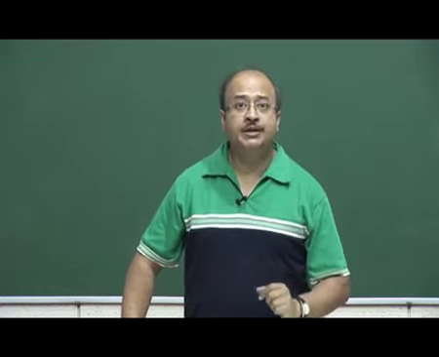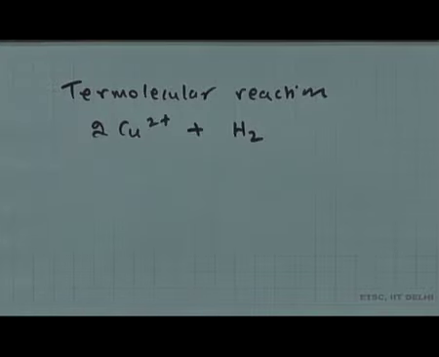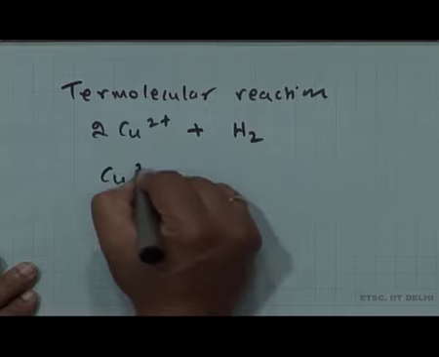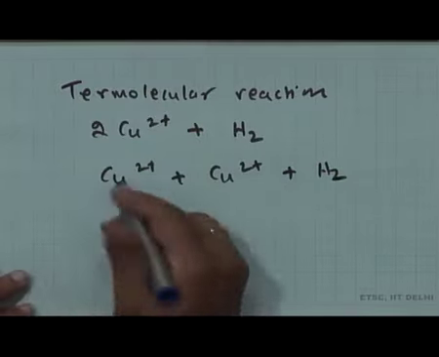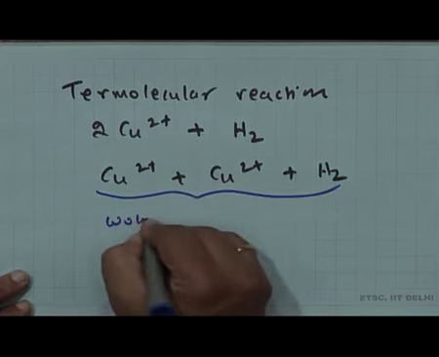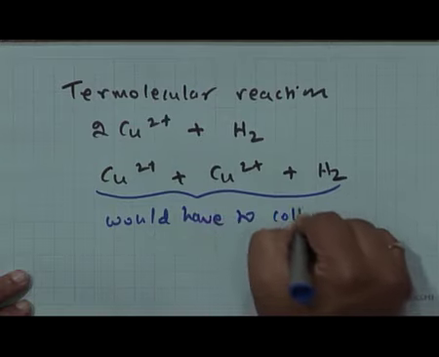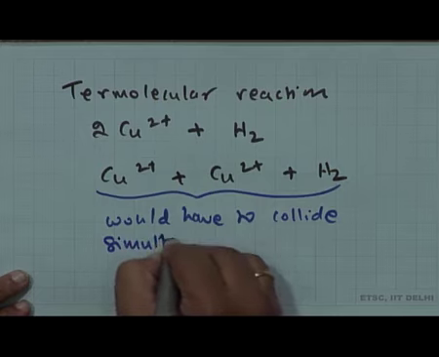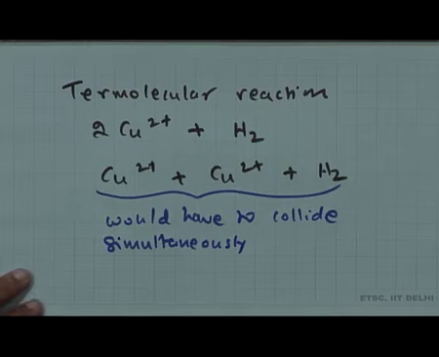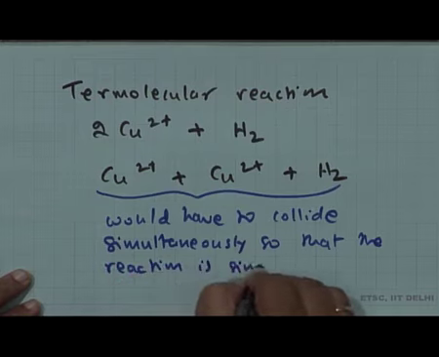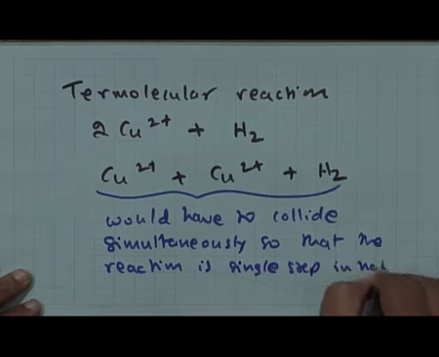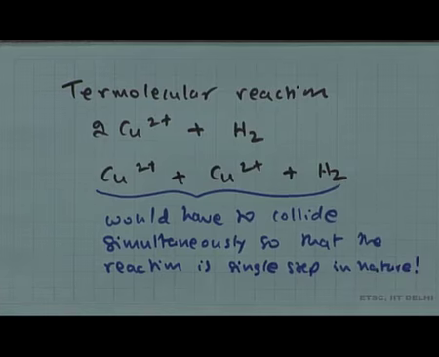For us it is very hard to imagine that at the same time all the 3 molecules will collide to give rise to your product, which means if this had been a single step reaction, then 3 species, 1 CO2 plus, another CO2 plus and H2, all these three would have to collide simultaneously, so that the reaction is single step in nature, and the moment the reaction is single step it means it is an elementary reaction.